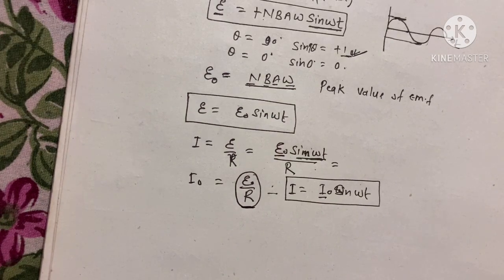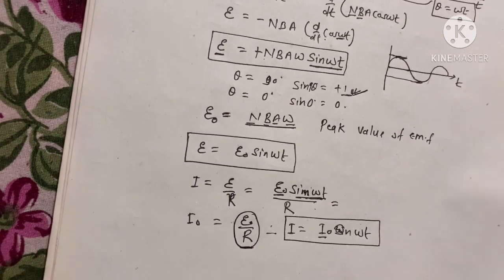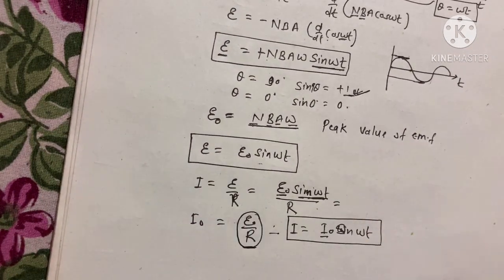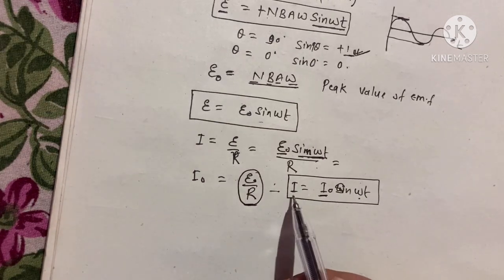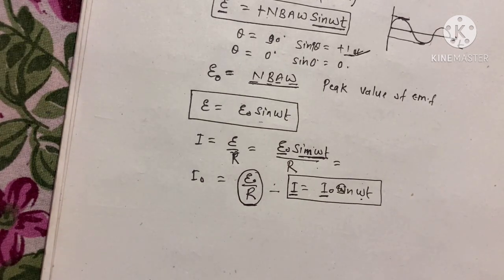So you will get a lower peak value of current compared to EMF. From these equations, E equal to E0 sin omega t and I equal to I0 sin omega t, you will get less current compared to EMF if you plot the graph. Let me show you how you can plot the graph.